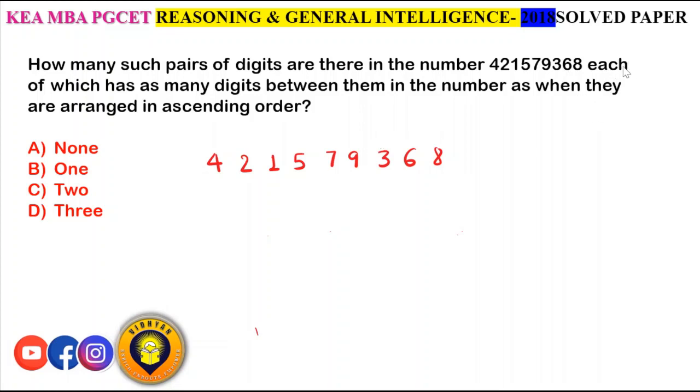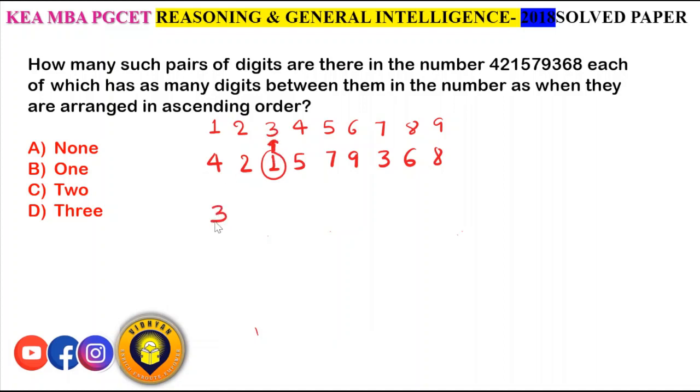But arranging them in the ascending order doesn't mean here that the numbers should start from 1, 2, 3, 4, 5, 6, 7, 8, 9. No. So here arranging in ascending order means the first number will be 1, right? But in the 1 place, which number is there actually here? If you see according to the number series, the number is 3.